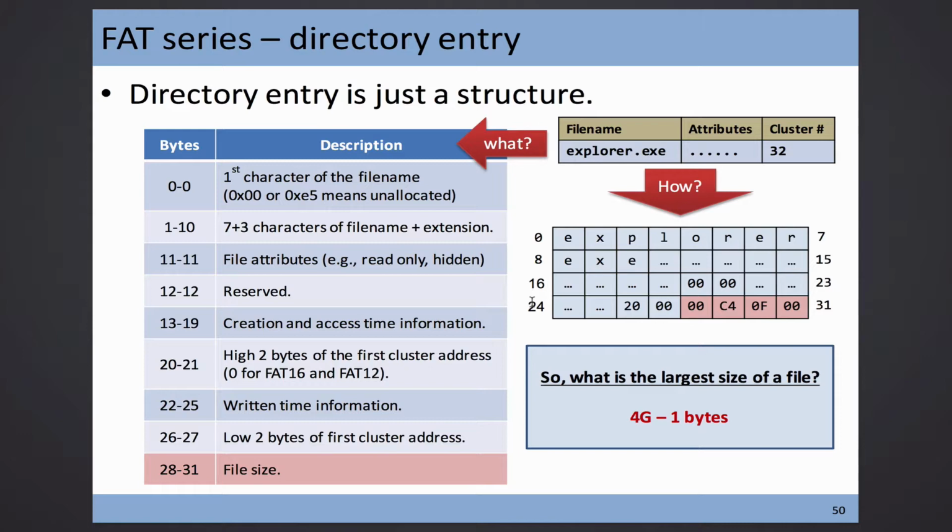The last point that we talk about for this directory entry is the file size, right? The file size is the bad guy. How bad is it? It's limited. First of all, we have 4 bytes only, and that's why we have 2 to the power 32 variations, and you can do some calculations.